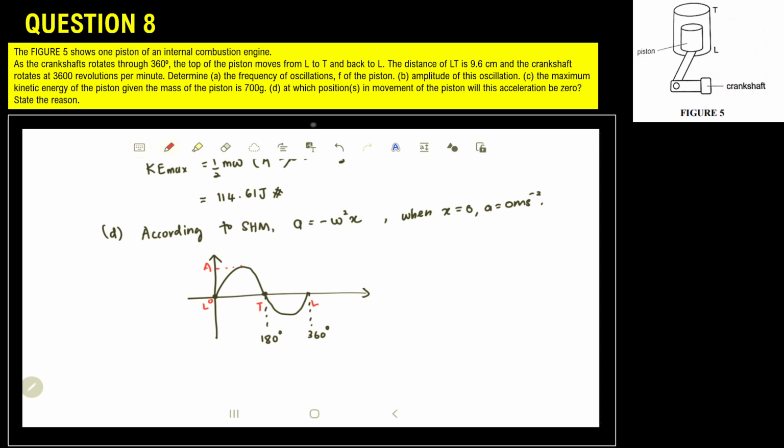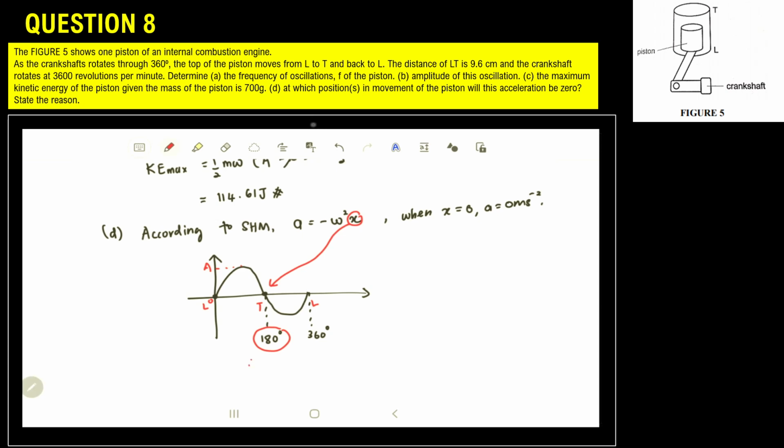So we can see that x is equal to 0 when the revolution is at 180 degree. 180 degree means that the movement of the pistons is at the midway of the movement.